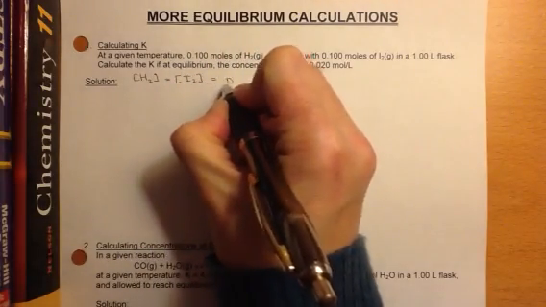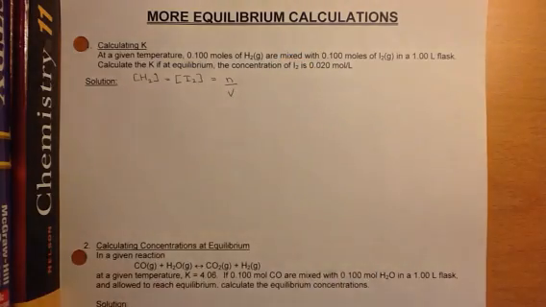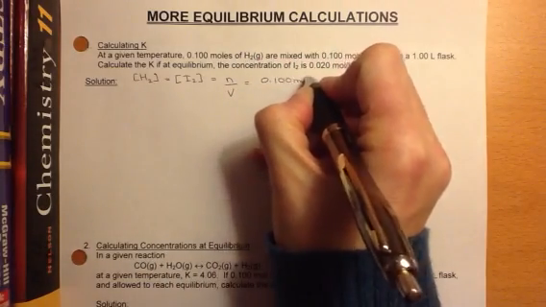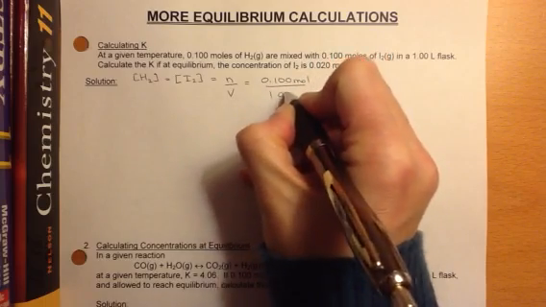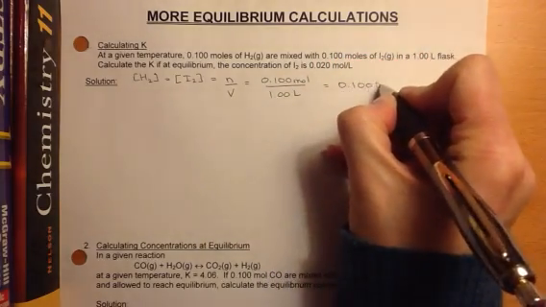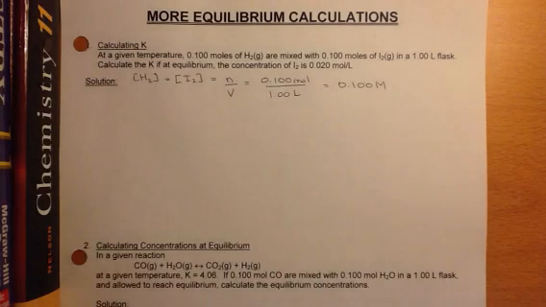Take your number of moles and divide by your volume. So our concentrations are 0.1 moles per liter for our 2 reactants, hydrogen and iodine.